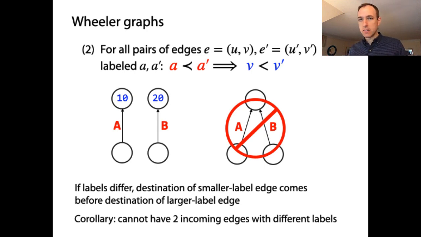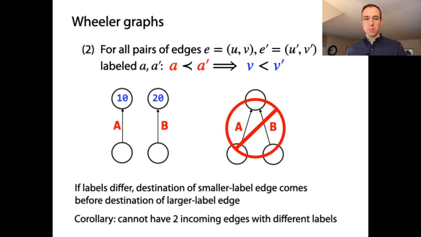That's the thing about this example that makes rule 2 break down. We've got one node, it's got two incoming edges, one's labeled A, one's labeled B. That means that the destination of one has to come before the destination of the other in the order, but this is not possible because they have the same destination. So a pattern like this is always going to violate rule 2.